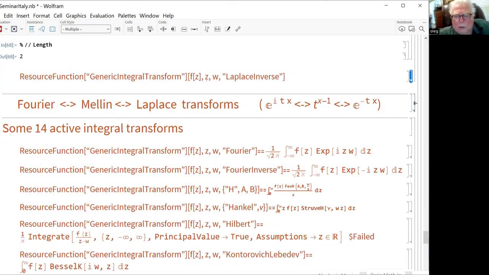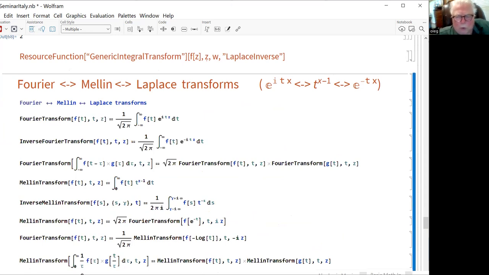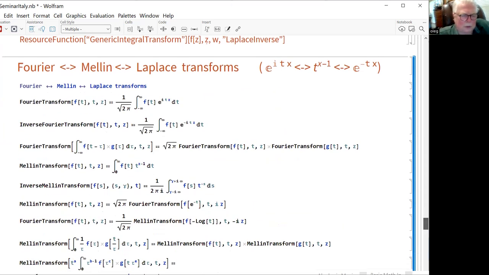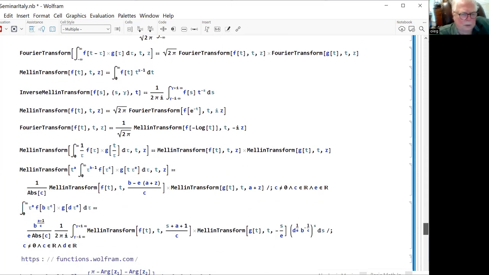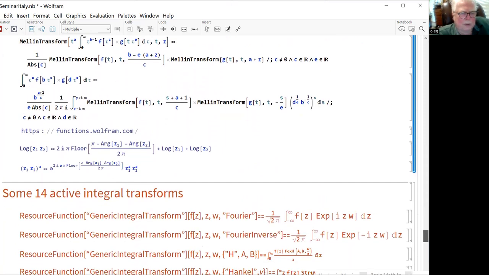Okay, let me tell several moments. Here you see formulas which show that we can convert the Mellin transform to Fourier and back, and how it is connected with the Laplace transform. But everywhere you see kernels. Kernels everywhere are power functions in the sense of a mathematical system. I gave here such information.